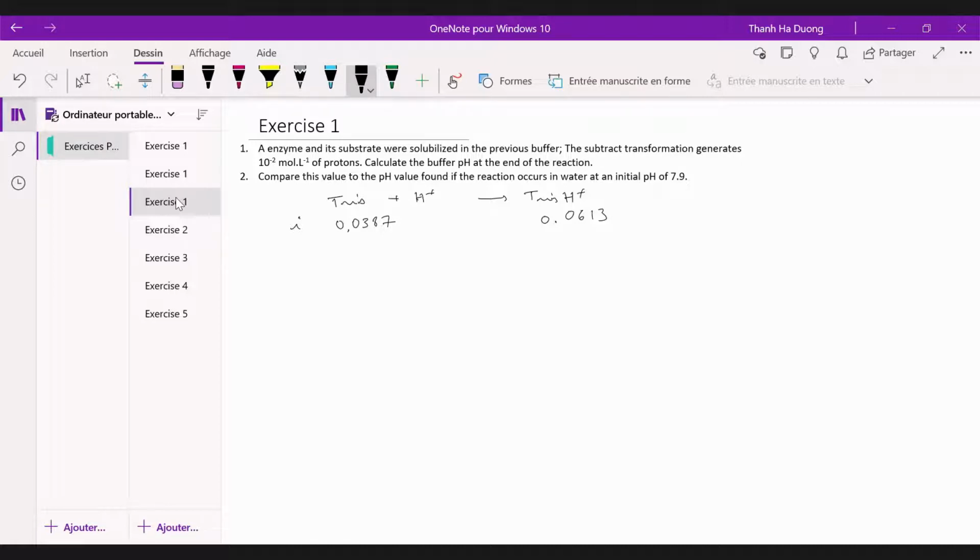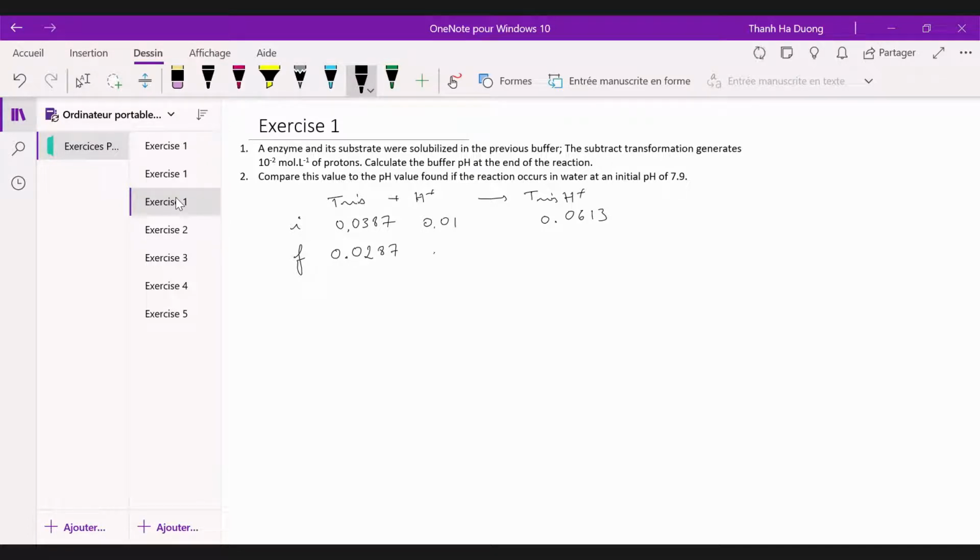We told you that this transformation generates 0.01 mole, 10 minus 2, so it means 0.01 mole of H plus proton. So at the final state, at the end of this reaction, all the acid will react with the tris. So it will be at the end 0. So we put 0.0387 minus 0.01. So it will be 0.0287.